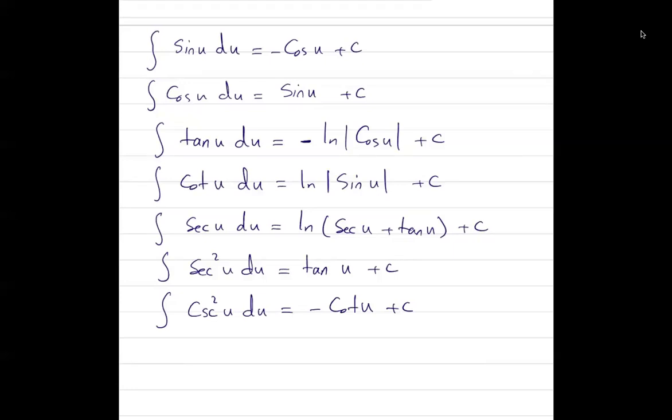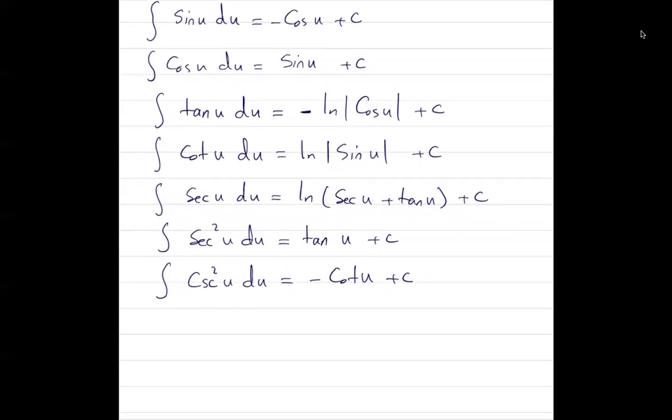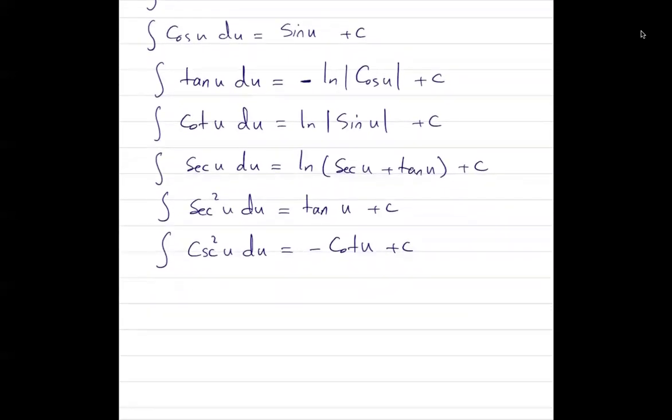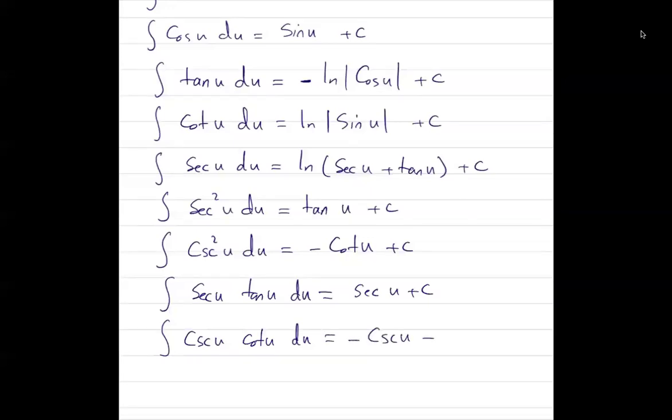If you have the integral of secant u times tangent u du, this guy is equal to secant u plus c, and these are popular or famous trig integrals. The integral of cosecant u cotangent u du is equal to minus cosecant u plus constant of integration.